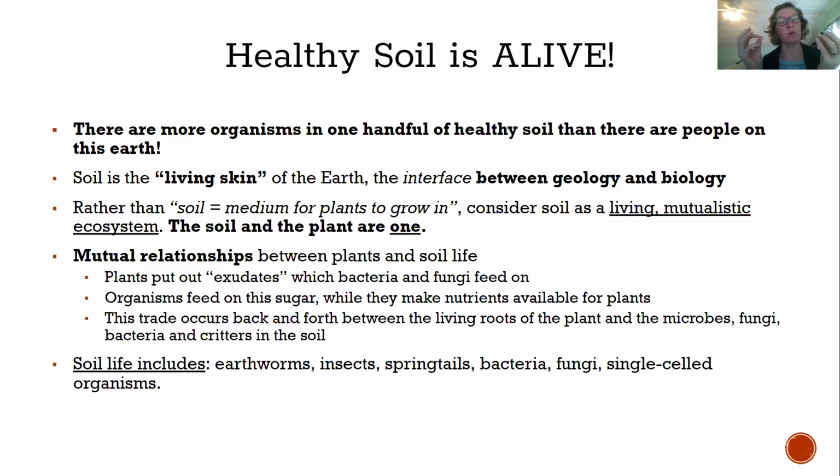So they actually grow on the roots of the plants and then help the plants. They kind of become like a super strong straw or vacuum for the plants that pull up more nutrients or help keep away other pathogens that might harm the plants. So healthy soil is alive and well, and we want to make sure that we have all the different pieces of living in our soil to make it a really strong ecosystem.